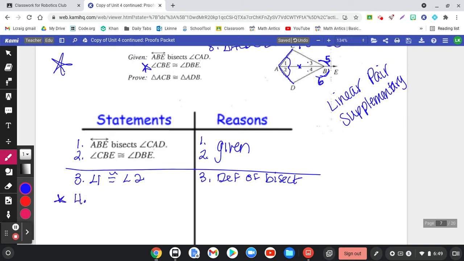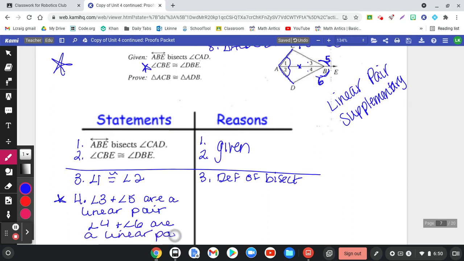Well, it is new. So you could say angle 3 and angle 5 are a linear pair. And angle 4 and angle 6 are a linear pair. And that's just definition of a linear pair.